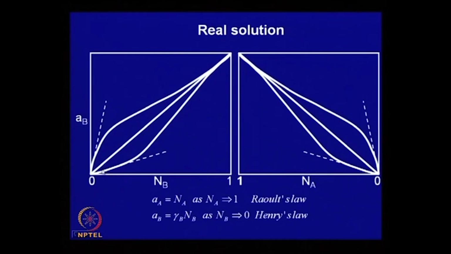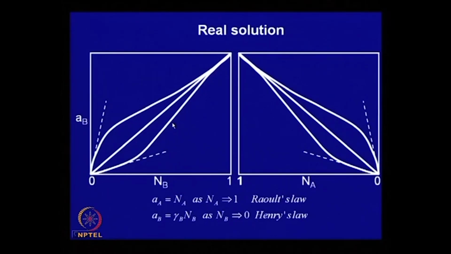In reality we usually have some deviations, either a positive deviation, that is, activity is greater than atom fraction, and it describes a path like this. It can also be the other way, where the activity of B is less than the atom fraction B, and it follows this type of path.